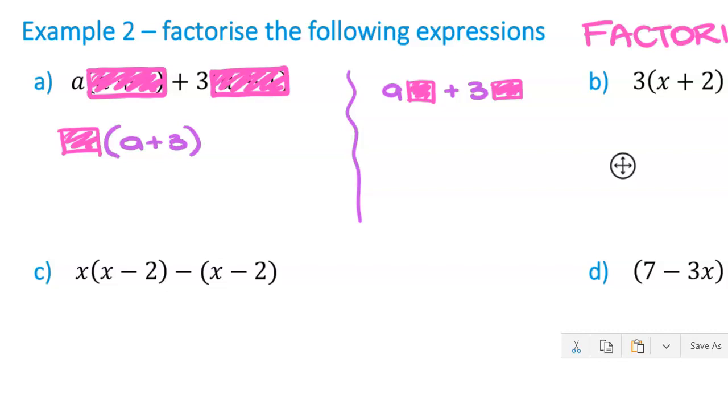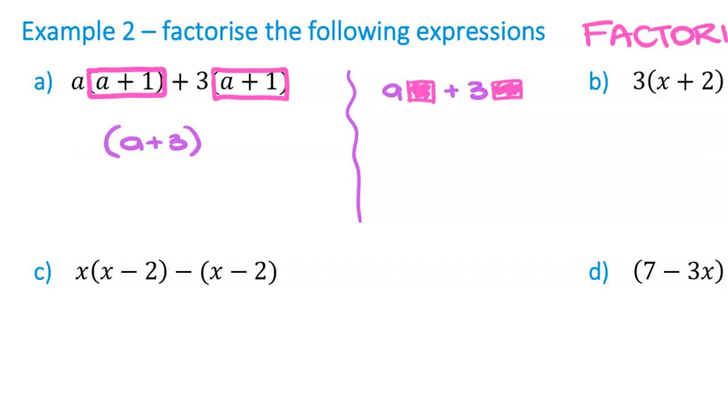Let's reveal. I nearly said unveil. Let's reveal what was actually inside of that box. We had in brackets a plus 1. So rather than having a box here, we could replace that with a plus 1. That's what was inside of the box.